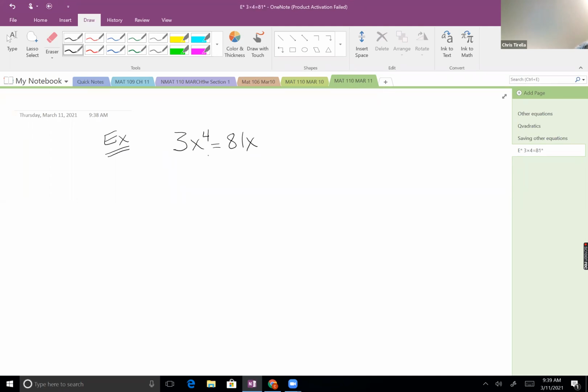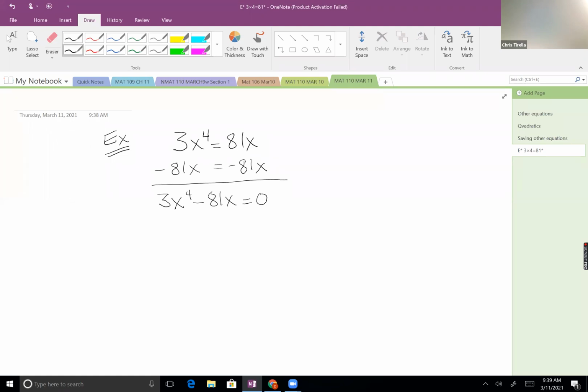It's the 3x to the 4th. It's positive, so I want to keep it positive. So I'll make the side with the 81x 0. I'll subtract 81x from both sides. So that gives me 3x to the 4th minus 81x equals 0.